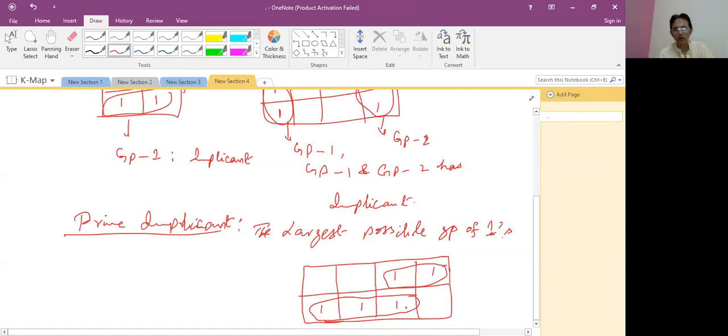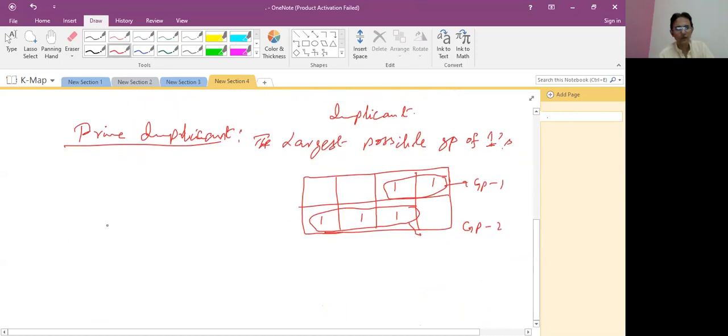So this is called prime implicant. So if we write the name group 1 and group 2, the group number 2 is called prime implicant.